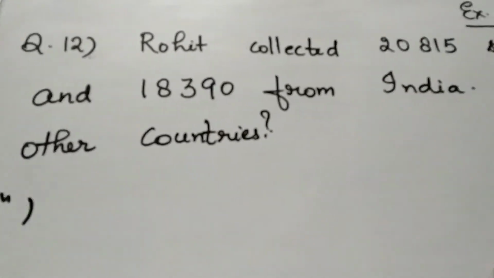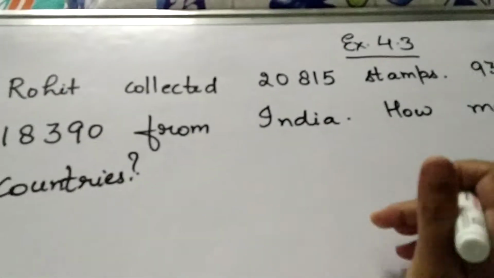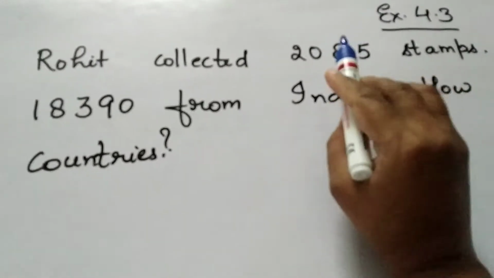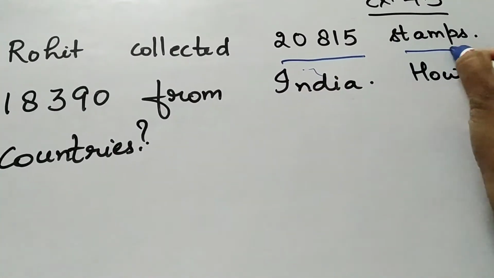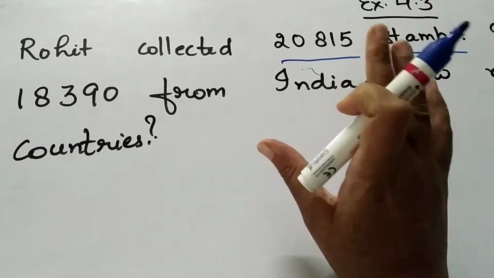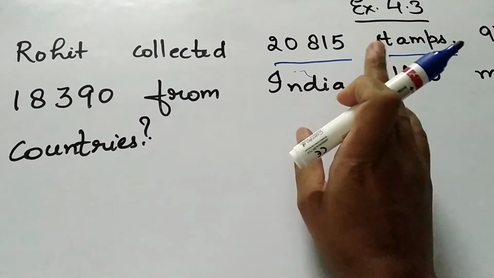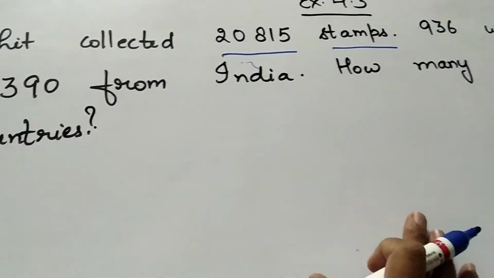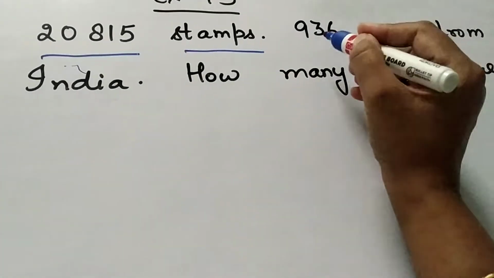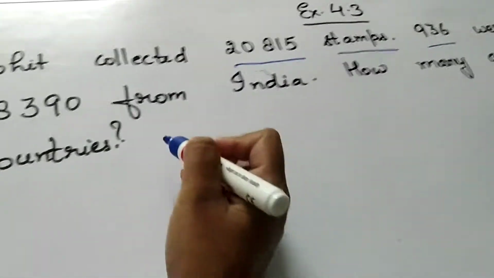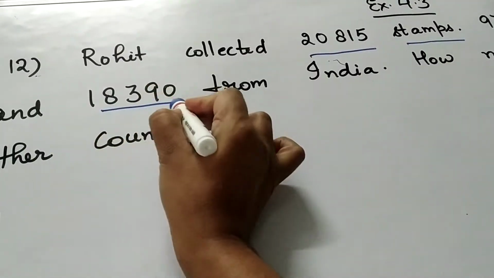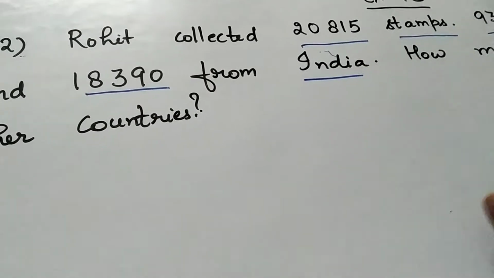Children, our next question says Rohit collected 20,815 stamps. So in total he has collected 20,815 stamps. 936 were from USA, okay, and 18,390 from India.